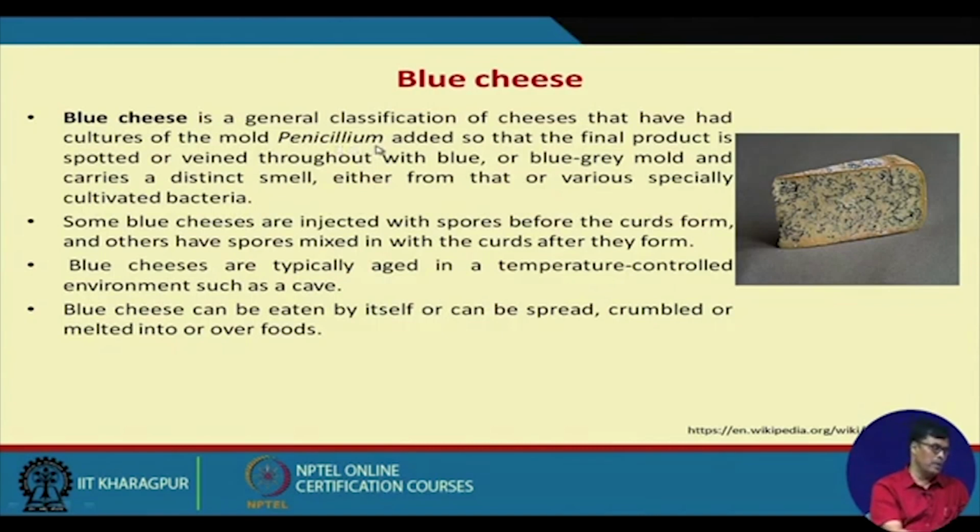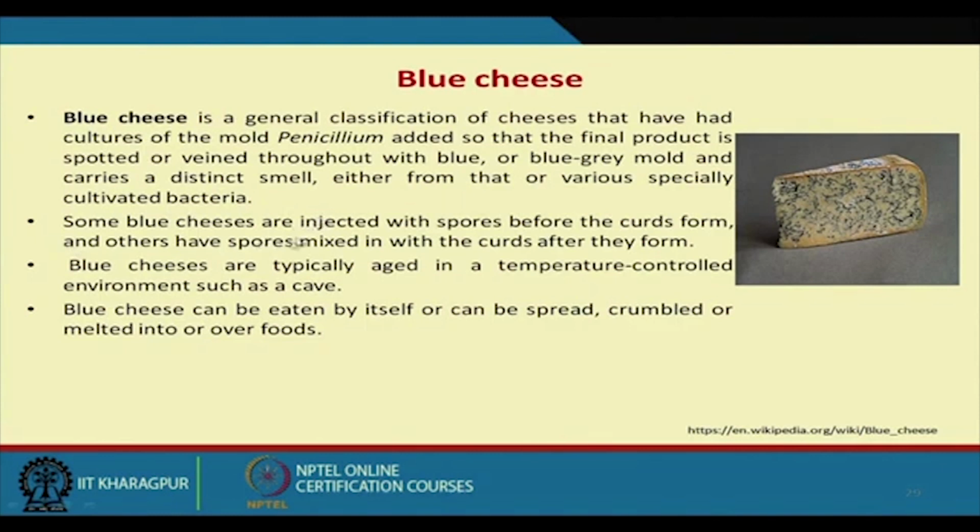It has a little bit of greenish color, though it gives some kind of bluish color, so that the final product is spotted and veined throughout with blue or blue-gray mold and carries a distinct smell, either from that or from various types of cultivated bacteria.